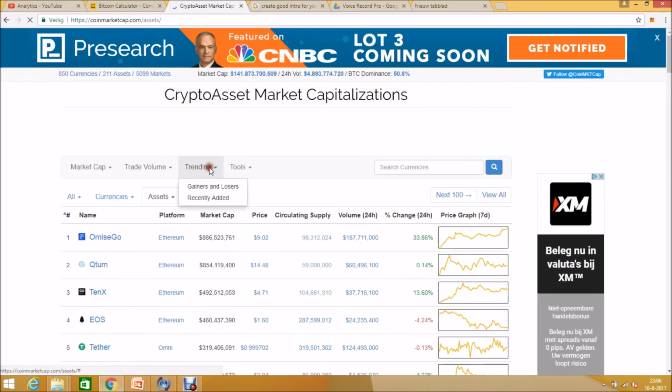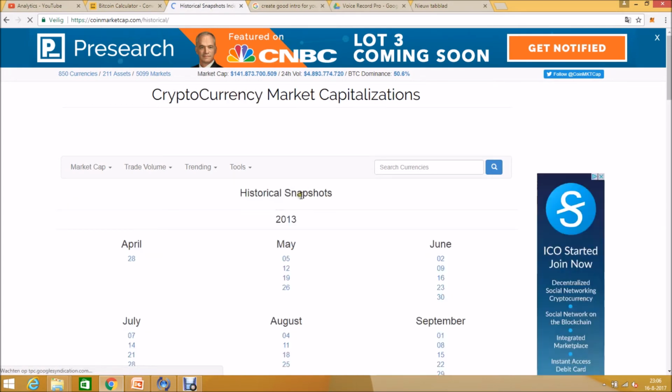What I find very interesting, from the tools, is the historical snapshots. When I click historical snapshots, you will see that you can choose a moment in time to find out how the prices were at that time.